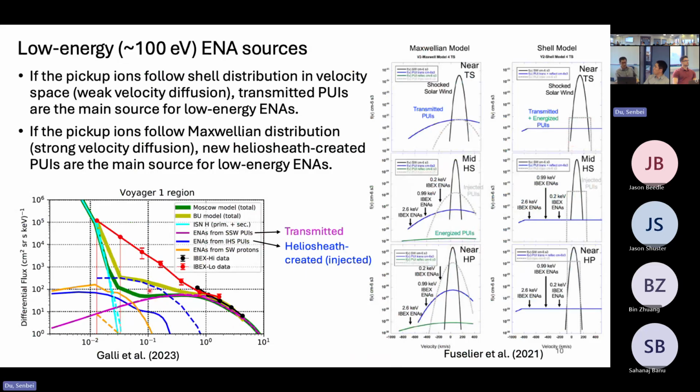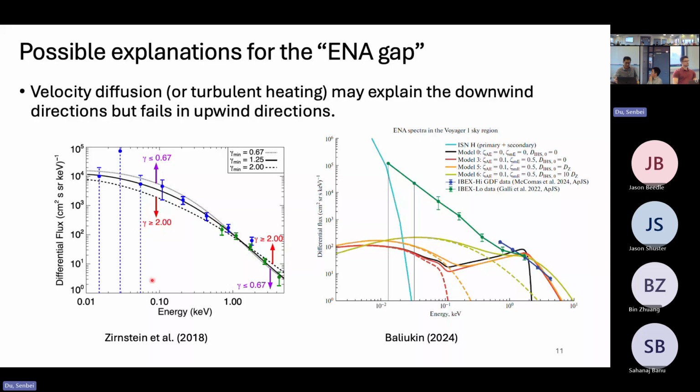And so we see the difference between the two models just because of the difference in the velocity distribution. But regardless of the distribution, they are still much lower than the observations. One of the explanations for this gap is that velocity diffusion could explain some of it, and that's shown in this Zirnstein et al. figure.